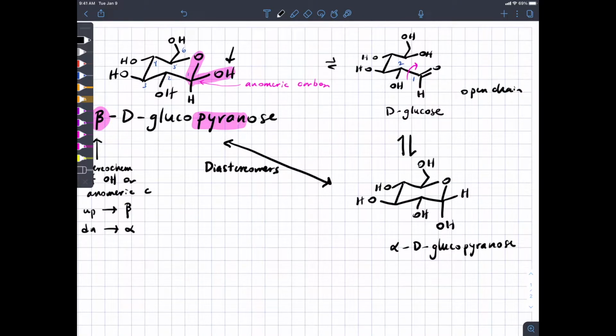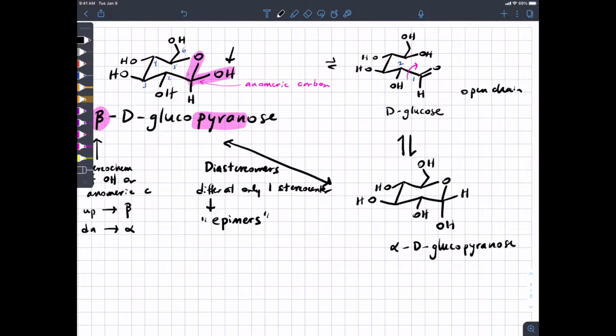Diastereomers have different chemical and physical properties, and they're a particular kind of diastereomer because they differ at only one stereocenter. And when that is true, they can be called epimers. That is a term we use for diastereomers that differ in configuration at one but not all stereocenters.